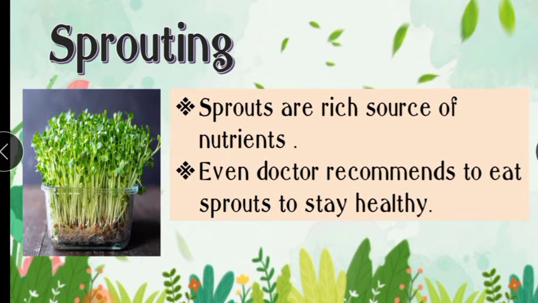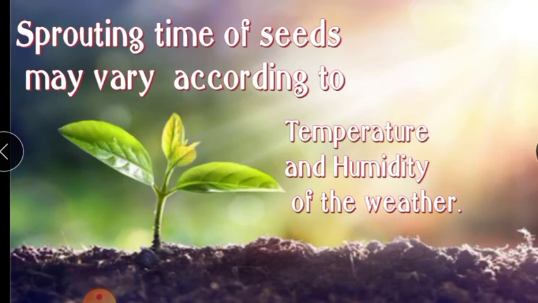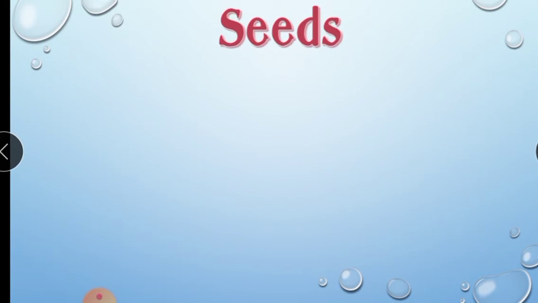Do you know kids, sprouts are a rich source of nutrients. Even doctors recommend eating sprouts to stay healthy. But sprouting of seeds may vary according to temperature and humidity of the weather. I hope the meaning of sprouts is clear to you.